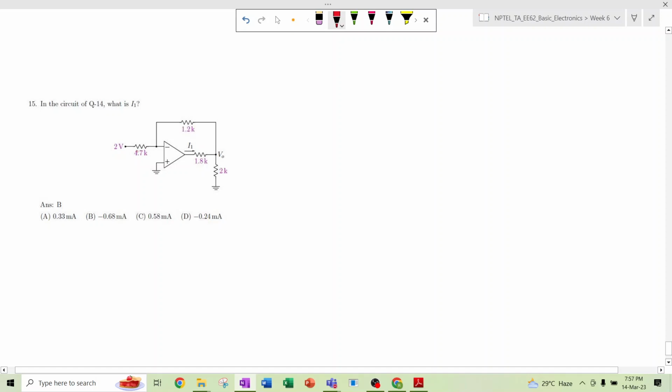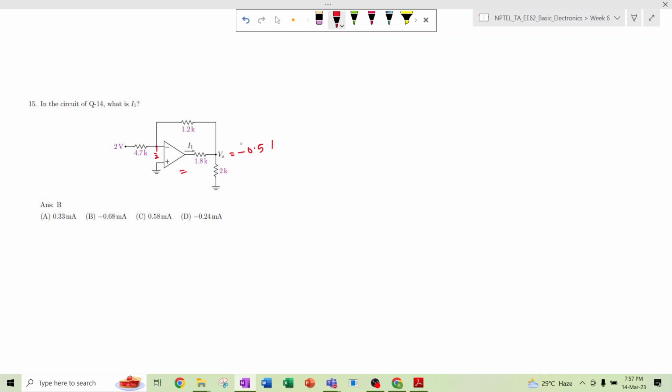Okay. So this is the last question. In the same circuit, what is the value of I1? So see one thing. This terminal is connected to ground, and now you got the VO value. VO is minus 0.51 volt.